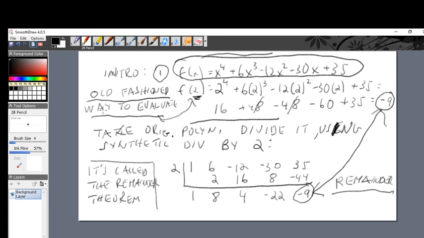The old-fashioned way to evaluate f of 2 is to go all the way and get negative 9. You can also take the original polynomial, divide it using synthetic division by 2, and we will get the evaluation of f of 2 by way of the remainder. So the remainder theorem can get you that same evaluation using synthetic division. That's what we're trying to say here, and that's what this video is all about.